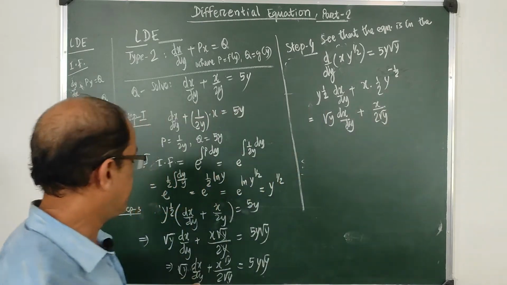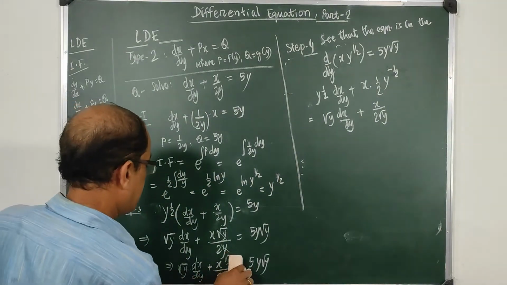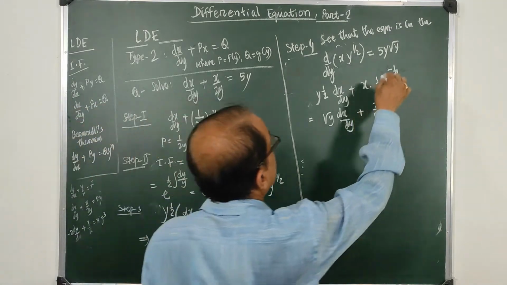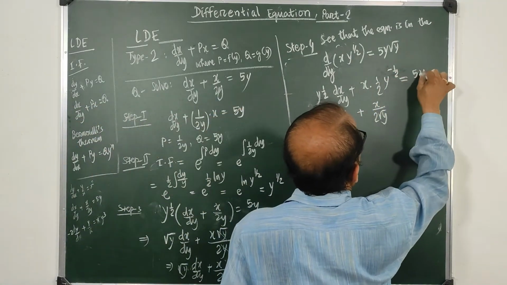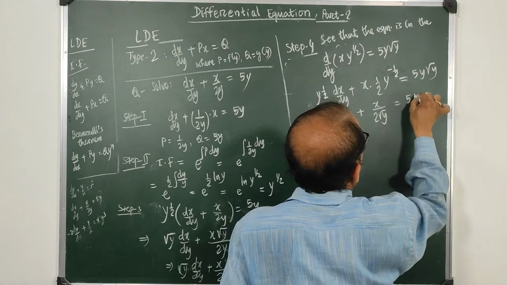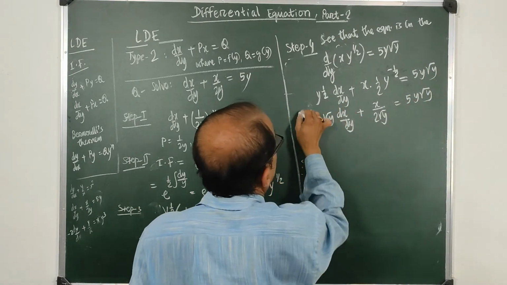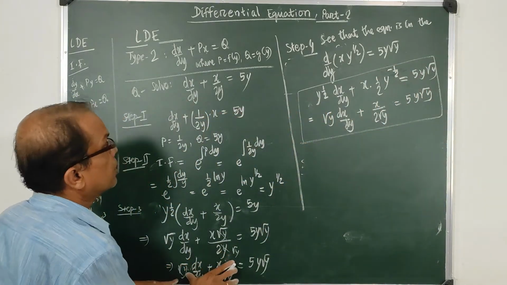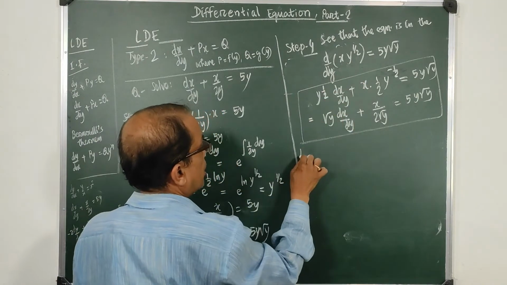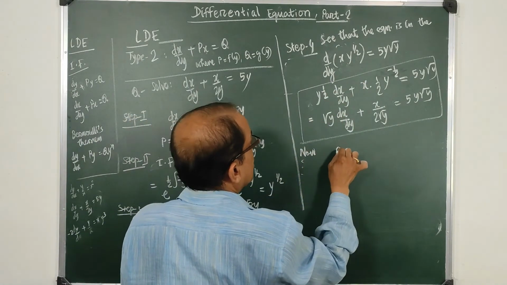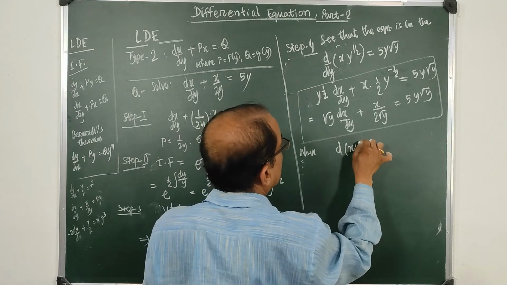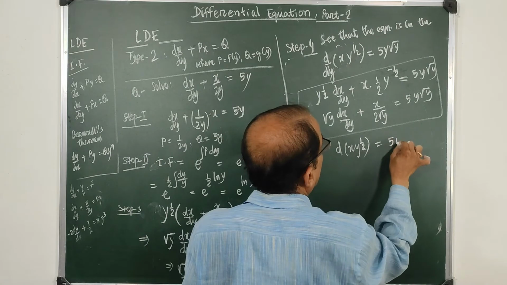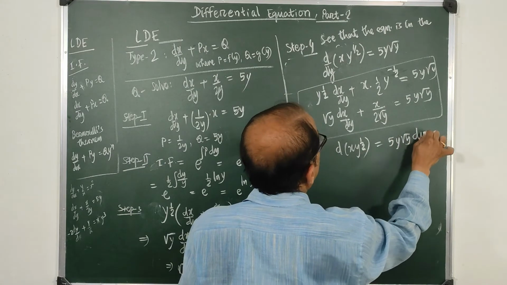The left side of this equation looks like that, and the right side is 5y root y. So we have got the same thing, and the equation appears in this form. Now we have d of x y to the power half is equal to 5y root y dy.